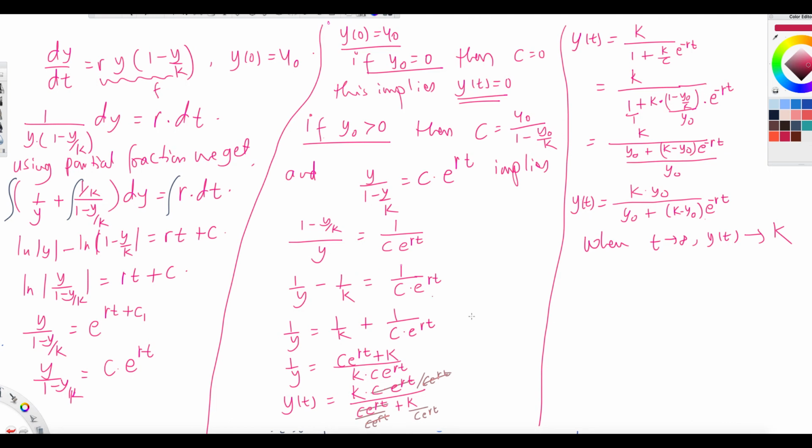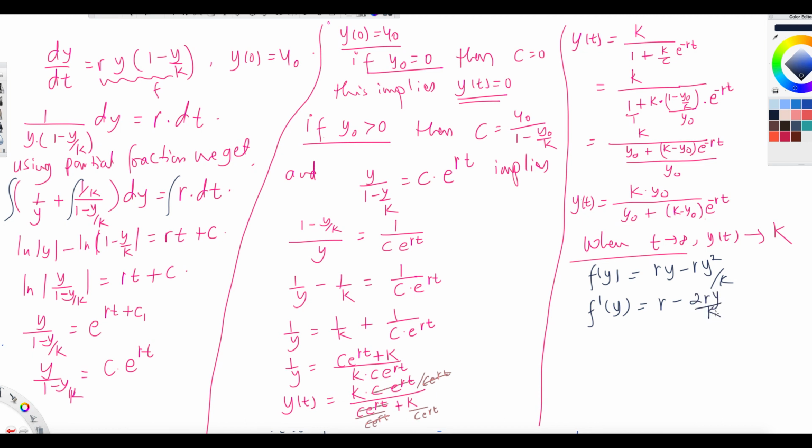Let me do it again. So what is f of y? f of y is ry minus ry squared over k, right? So what is f prime of y? The derivative of the right hand side will be r minus 2ry over k, right?